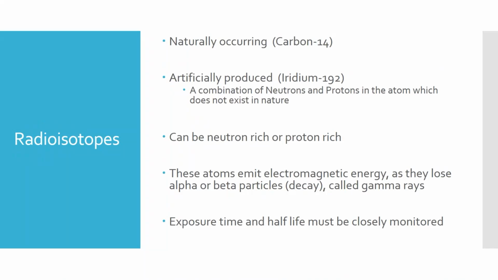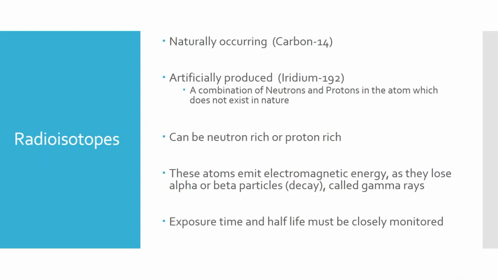Normally it doesn't exist in nature, but in a lab they can produce it using a particle accelerator or a cyclotron. Depending on what you're starting with and what isotope you're trying to get, you can add or take away neutrons from the nucleus of the atom to make it unstable, to turn it into a radioisotope.